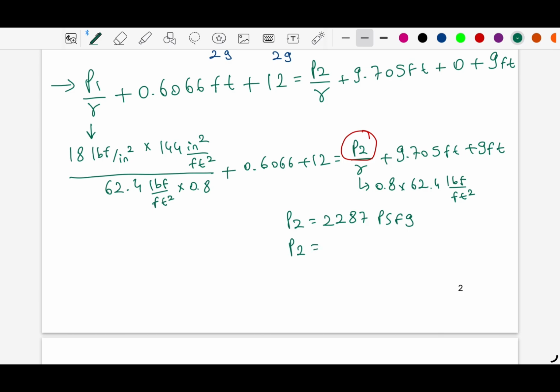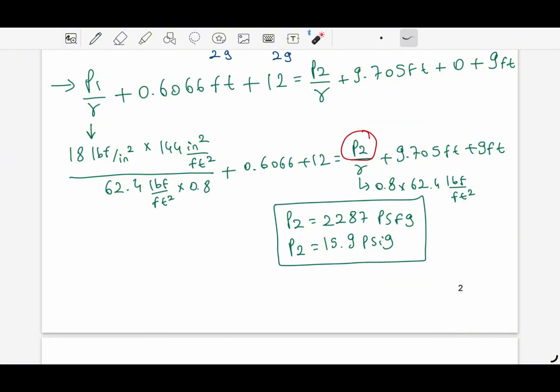And this is actually coming from 15.9 PSIG. So I didn't directly do these conversions, but inside of the equation, you can do that like we did here.